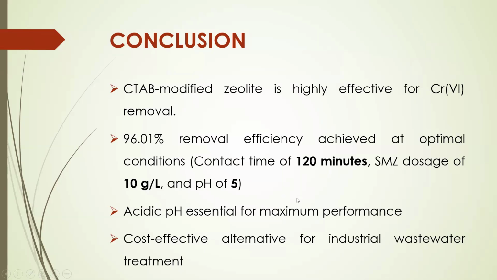The third one is that acidic pH is essential for maximum performance. This is very crucial for practical implementation. The fourth one is that this represents a cost-effective alternative for industrial wastewater treatment.